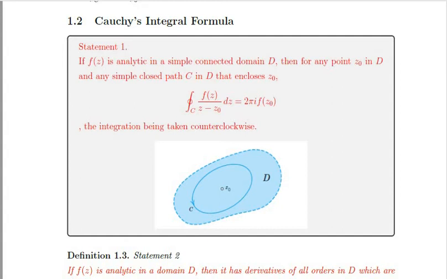Here this formula states, suppose the function has some singular point z0. That is, we consider the function f of z by z minus z0. This function is not defined at the point z0. Therefore, in this type of integral, the value of the integral over C of f of z by z minus z0 dz is equal to 2 pi i into f of z0.